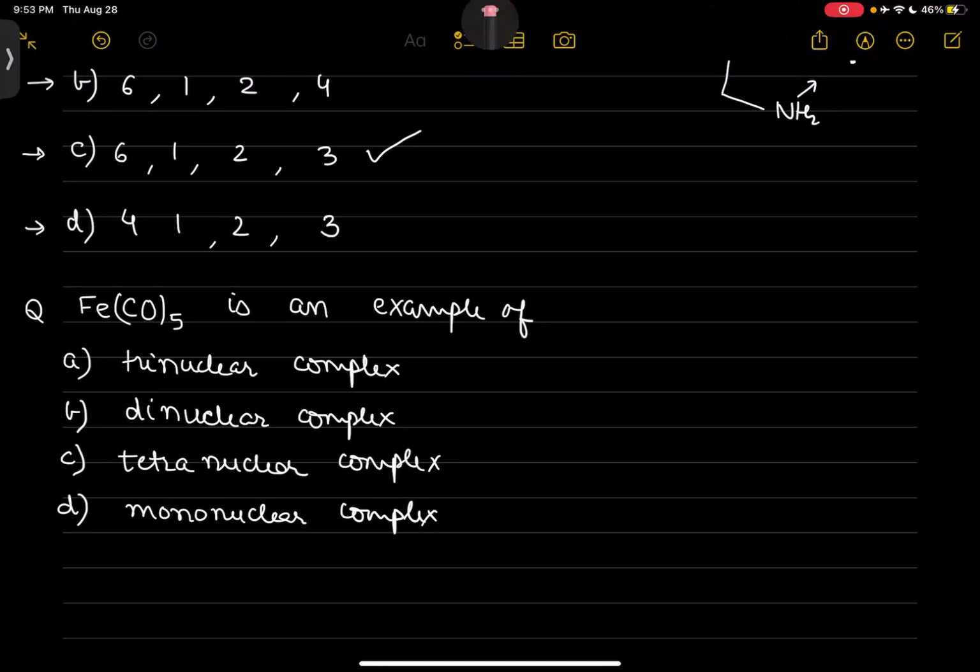The term nuclear itself is unclear, so don't get confused by the actual meaning.